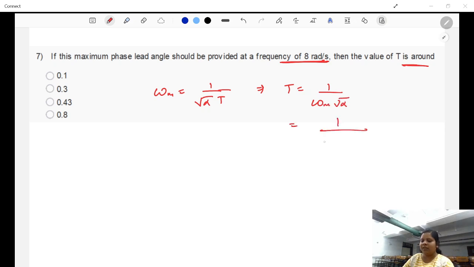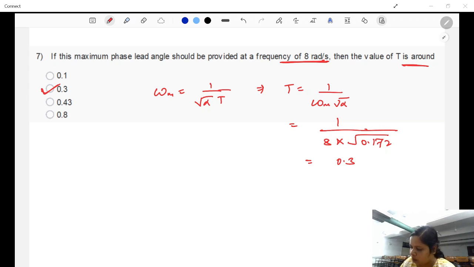Omega m as given in the question is 8 and root alpha was 0.172, right? You can find this to be equal to one of the options. Please solve them. Since I have already solved, I have the answers ready with me. But anyway, you should go through this complete exercise. So this is going to be equal to 0.3. So you have an option here, 0.3.